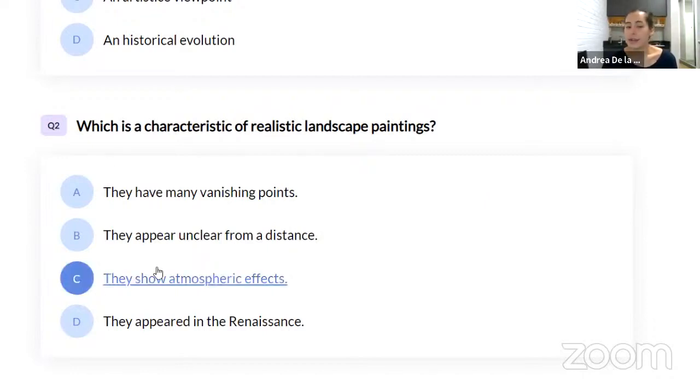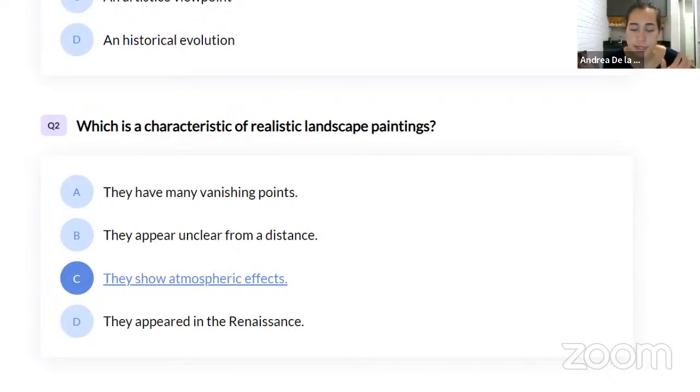Okay, C, great. This is a clear example of how having organized notes will help you. In my case, in the second box, I have everything about aerial perspective. And there I have the word atmospheric, and I have the words realistic landscapes, impressionist, Ditto building as an example.